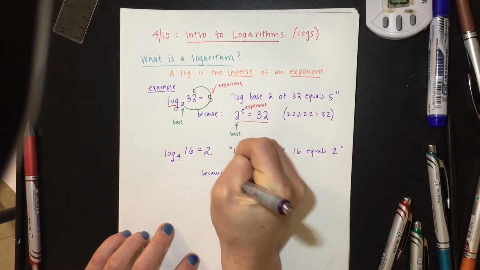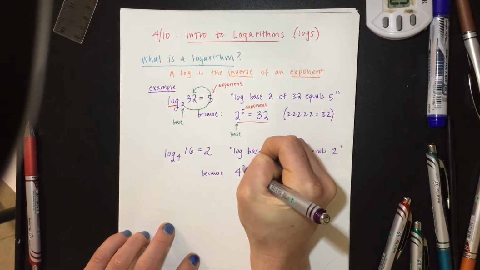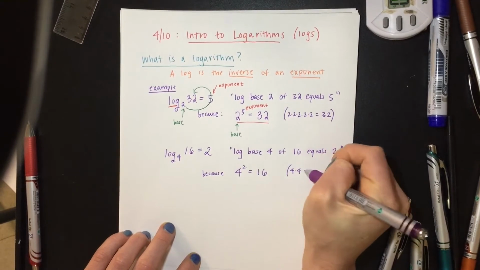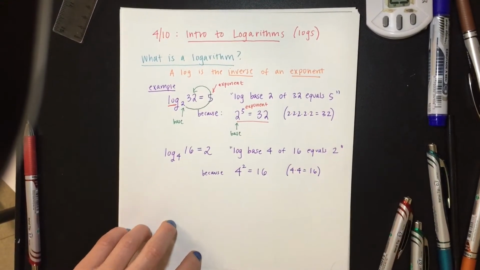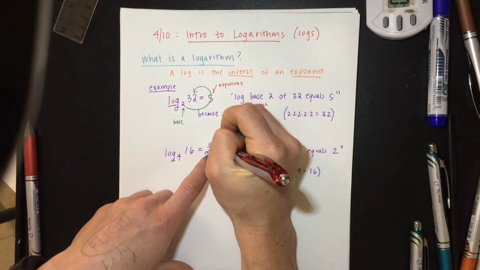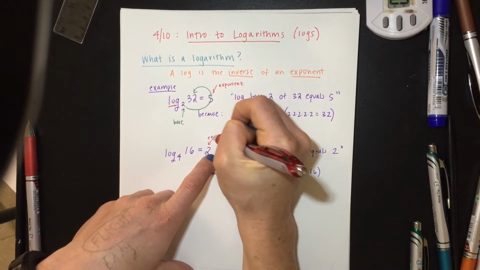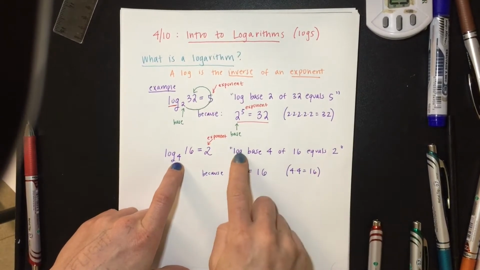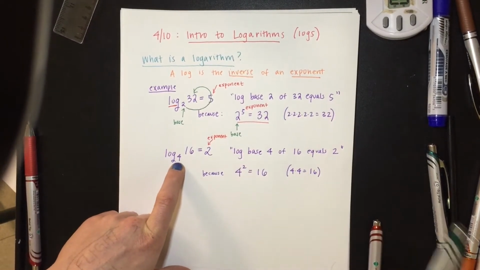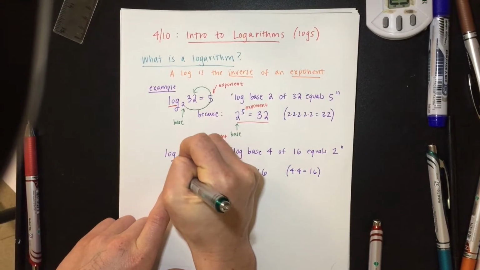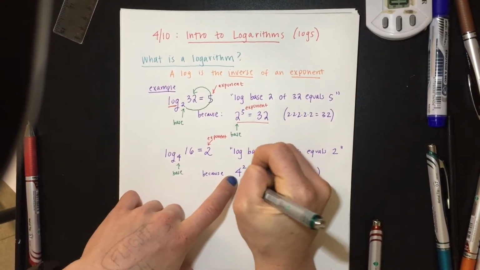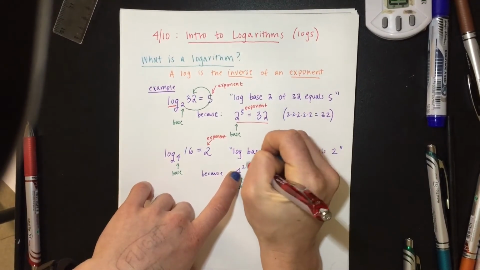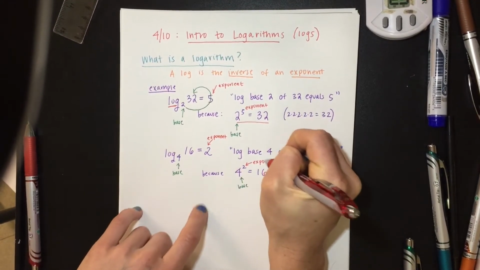Because 4 to the 2nd equals 16, right? 4 times 4 equals 16. So just like before, this is your exponent, and the base, right? Log base 4, this here is your base. Just like here, you have your base and you have your exponent. Okay?